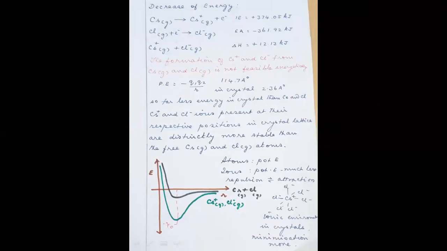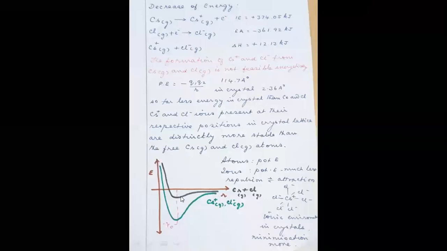Suppose you take atomic cesium and atomic chlorine in gaseous state, and they are brought closer. See, this is the internuclear distance and this is the potential energy. When the internuclear distance is far away, then energy is less. Here the internuclear distance is less, here it is more.